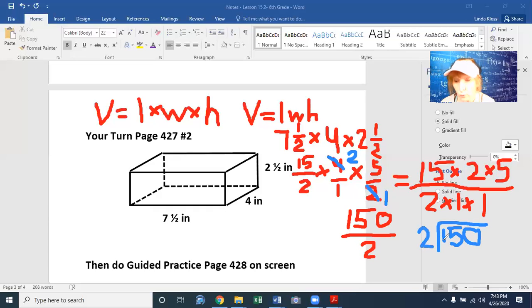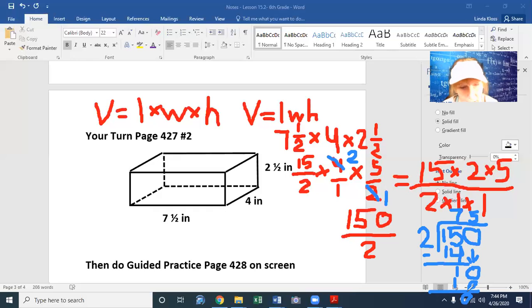So how many 2's go into 15? 2 times 7 is 14. 15 minus 14 is 1. Bring down my 0. 2 goes into 10 5 times. 2 times 5 is 10, and if I subtract, I end up with a remainder of 0, way at the very bottom of my screen there.